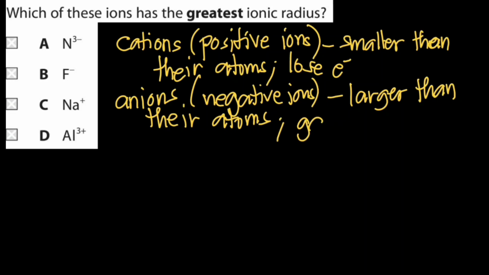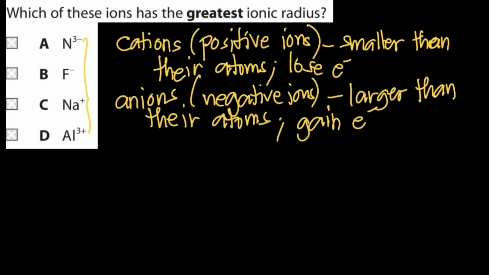And they gain electrons, which means more repulsion and lower effective nuclear charge. And then we can conclude here that the higher the positive charge, the stronger the effect, and the smaller the ionic radius. Now let's compare the choices here.